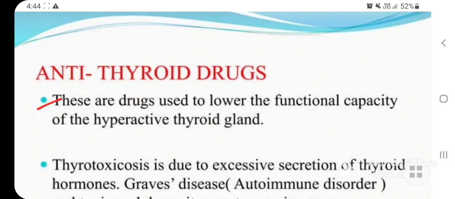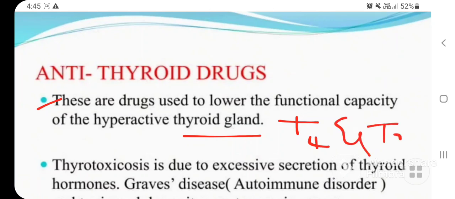See, first point, these are drugs used to lower the functional capacity of the hyperactive thyroid gland. You all know that our thyroid gland secretes T4 and T3. If these T3 or T4 are secreted excessively, then there is a chance of hyperthyroidism.